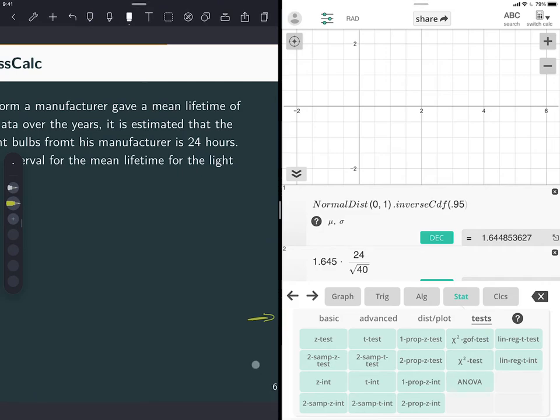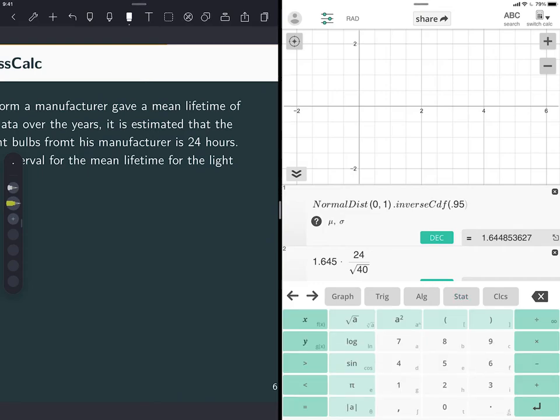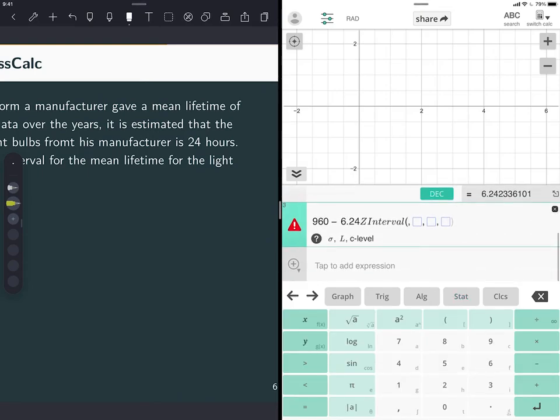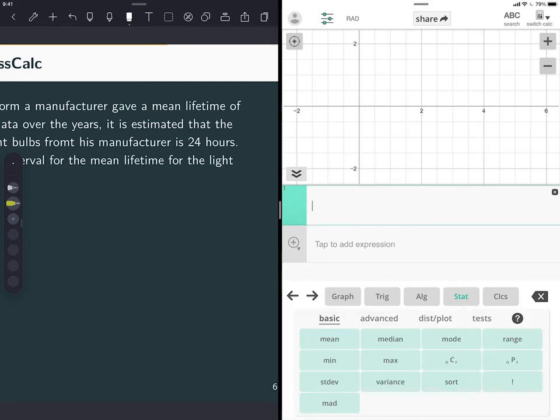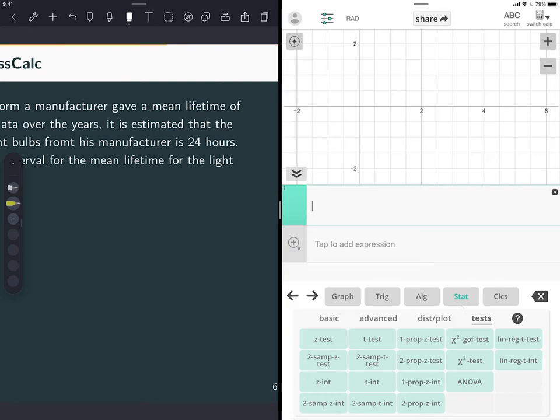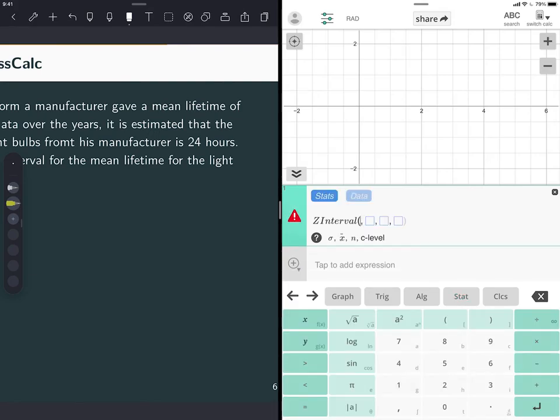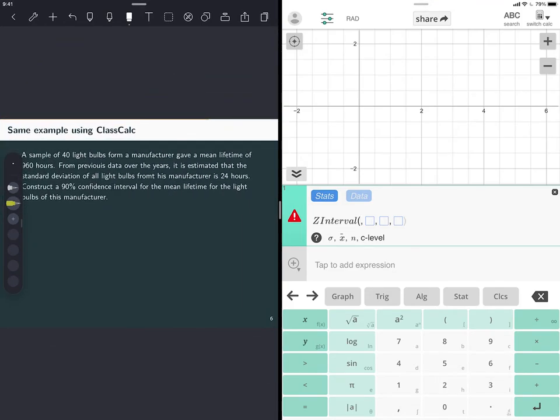I'm using this button right here that says Z interval. So I go stat, test, Z interval. Why Z? Because we're using the Z values, the Z curve, the standard normal curve. The first thing it asks you is the sigma, and that was 24.